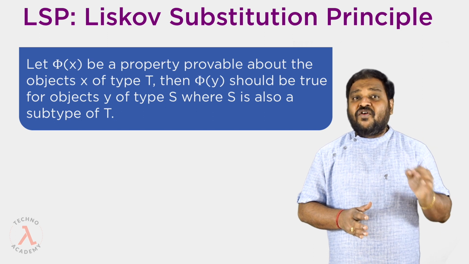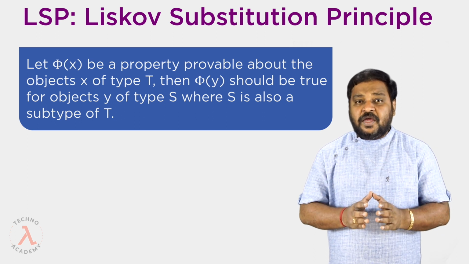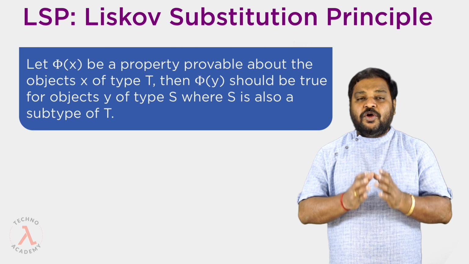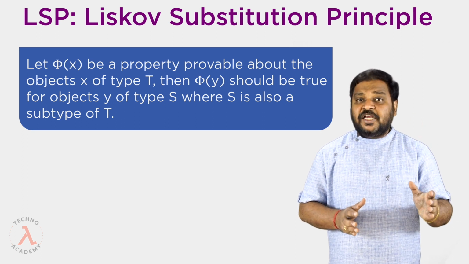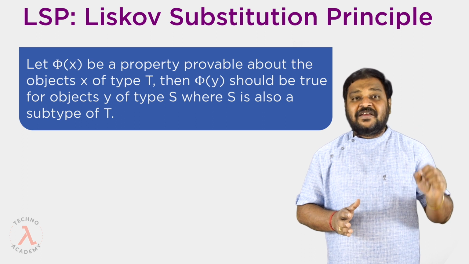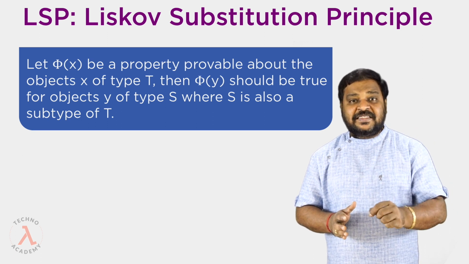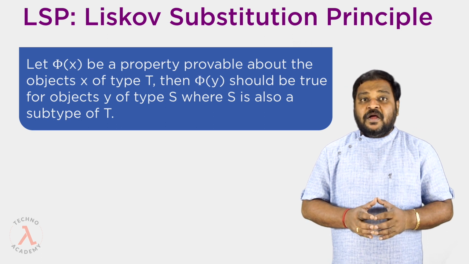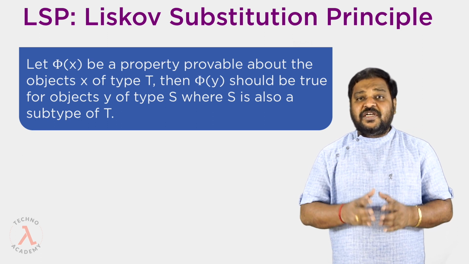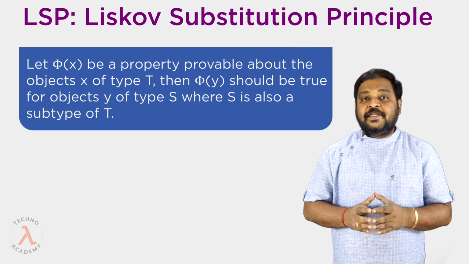Let phi of x be a property provable about the objects x of type T, then phi of y should be true for objects y of type S, where S is also a subtype of T. I hope you have understood the original definition, as you are very intelligent.